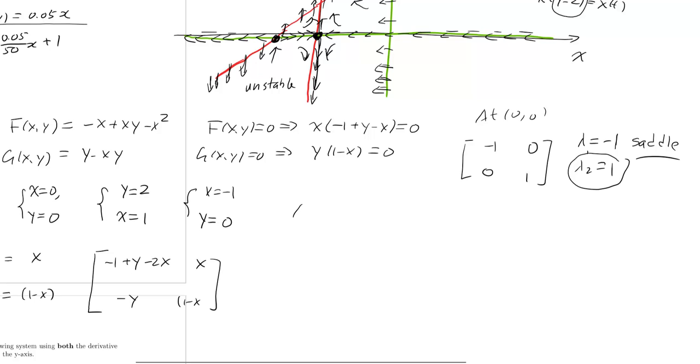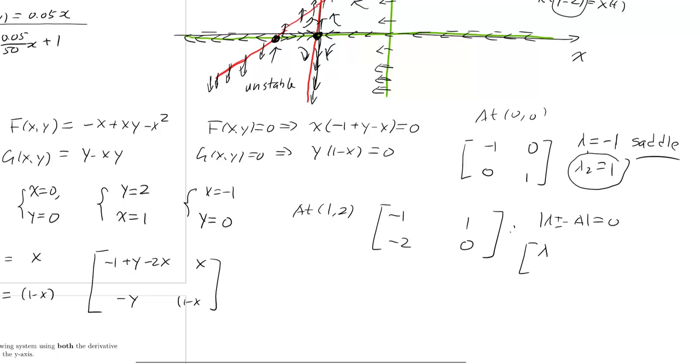Okay, and then let's look at the point when x is 1, y is 2. Then our matrix becomes the following. Y is 2, x is 1, so we have negative 1 over here, a 1 over here, and y is 2, so we have negative 2, x is 1, we have 0. So now we need to use the equation determinant of lambda I minus A equal to 0 to find the eigenvalues.